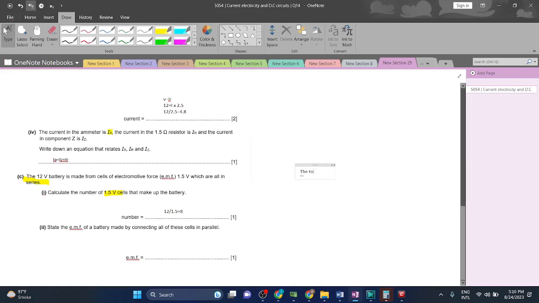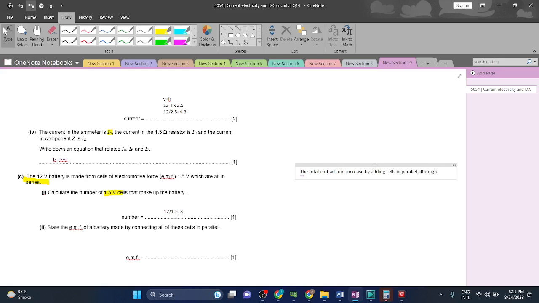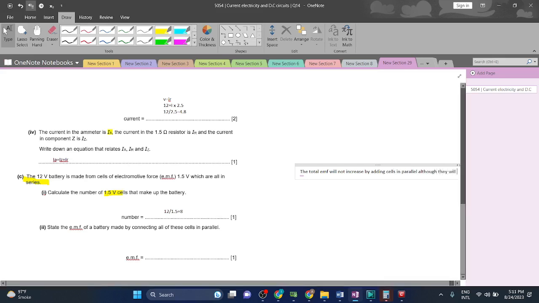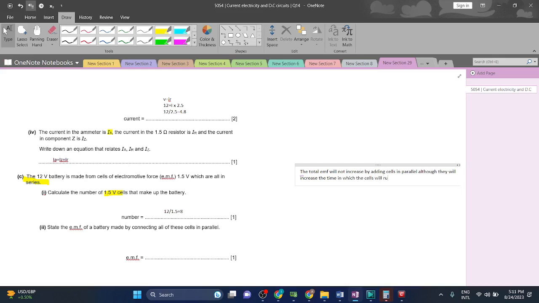The total EMF will not increase by adding cells in parallel, although they will increase the time in which the cells will run out. Okay? I just wrote this down like that. Total EMF will not increase by adding cells in parallel, although they will increase the time in which the cells will run out.